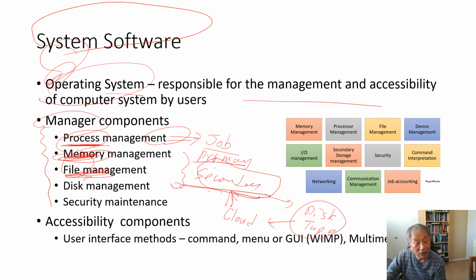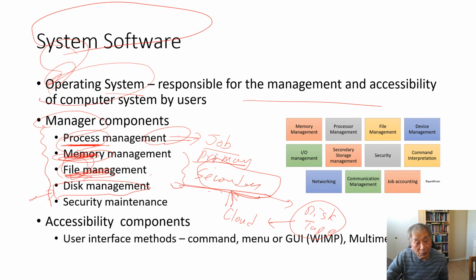Then each file, I'll define what's meant by file today, but the file management, this is important. And then every computer these days has, I'm talking about computer, not smartphone, the computer has a disk drive, so that's where a huge amount of data is stored, and that needs to be properly managed.